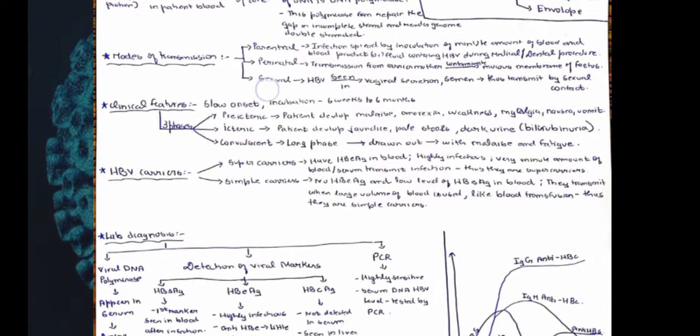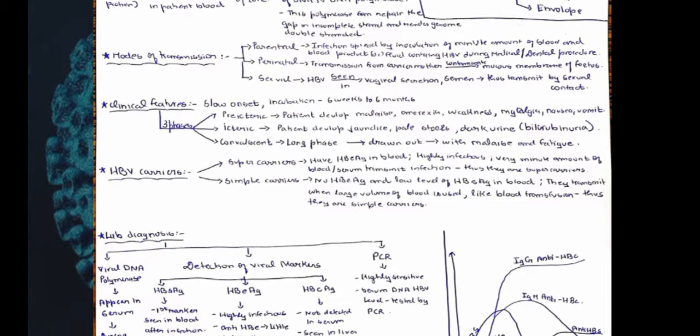Coming to the clinical features, it has a slow onset and an incubation period of 6 weeks to 6 months. As we had seen in HAV, the hepatitis A virus, it is divided into two phases. Here it is divided into 3 phases. The 2 phases in HAV were the pre-icteric and the icteric. But here the 3 phases are pre-icteric, icteric and convalescent.